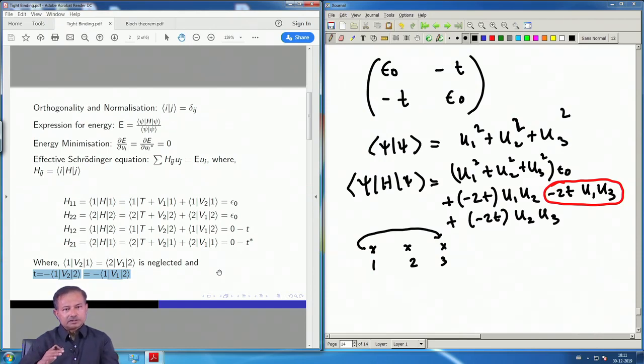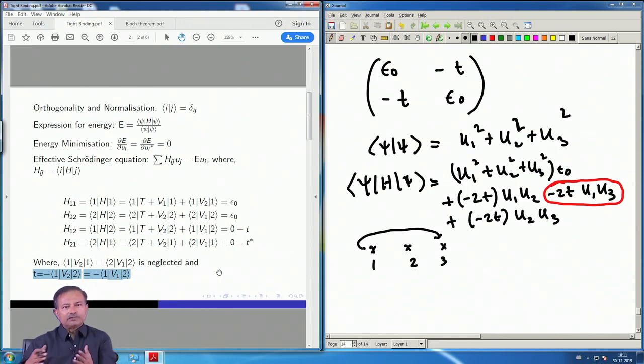By cross I mean it is the matrix element of V1 or V2 between the states 1 and 2. Now, 1 and 2 are nearest neighbors. Suppose I made 1 and 3 on both sides, then 1 and 3 are not nearest neighbors. So, it is a further neighbor, and that cannot be the same as t.